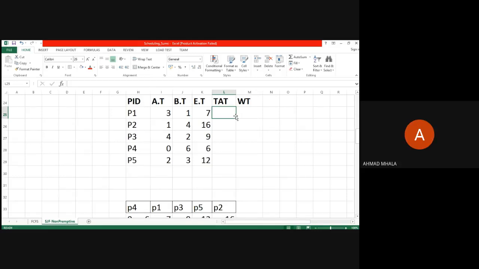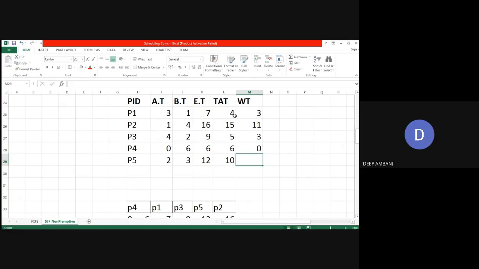Waiting time: P1, 3. P2, 11. P3, 3. P4, 0. And P5, 7. Give me the total turnaround time. 40.